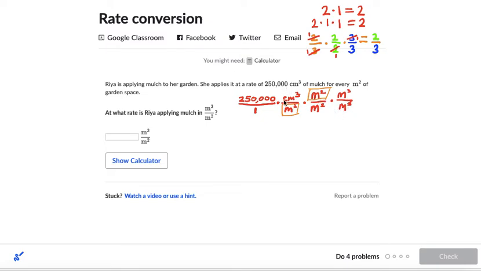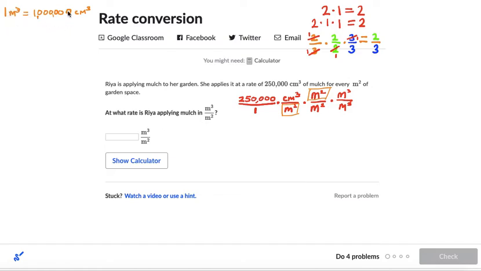So first we need to understand how many centimeters cubed are in a meter cubed. To do that, you can do a quick search on Google, or hopefully you know how to calculate this: 1 meter cubed is equal to 1 million centimeters cubed. And that's something for a separate video.